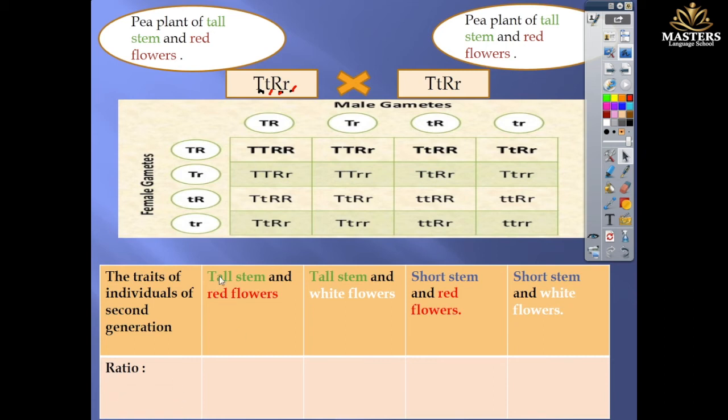Number 1, tall stem and red flower. Let's see how many offspring in the second generation have tall stem and red flower.